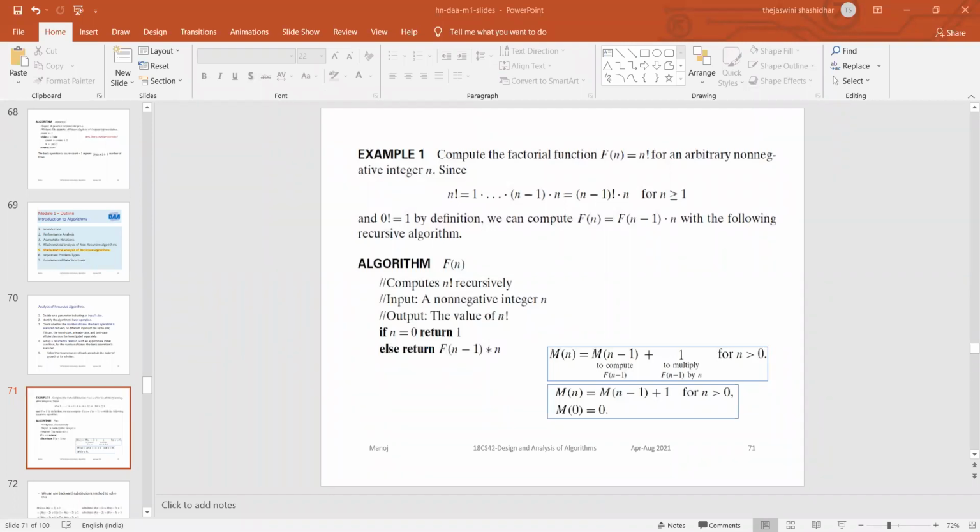Now you substitute: n factorial is taken as f of n. Now n minus 1 factorial will be taken as what? If n factorial is f of n, what is n minus 1 factorial?